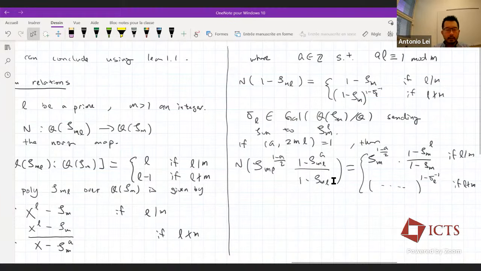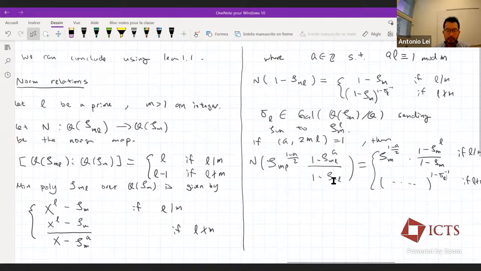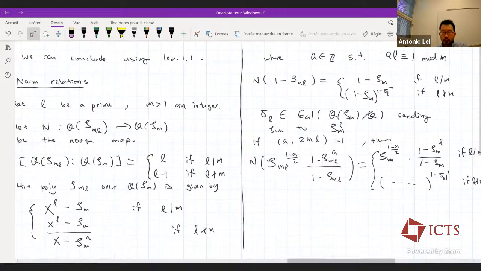So somehow, what I want you to remember from this is that the cyclotomic units satisfy some kind of norm-compatibility relation. So when you go from a cyclotomic unit over the ML cyclotomic field to the mth cyclotomic field, you will send a generator to another generator, except that depending on whether L already divides M, your norm relation would be slightly different.